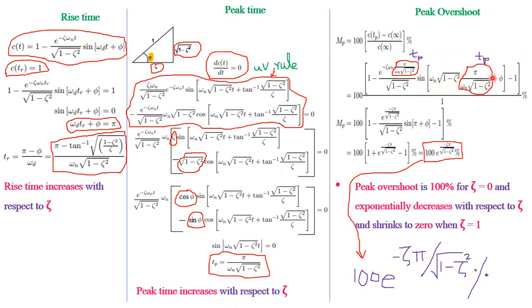Instead of t we have to write this peak time. So here plus phi is also there. See, this entire thing is C of Tp minus 1. So here we can cancel this root of 1 minus zeta square and omega n. Therefore this totality will be sine of pi plus phi.